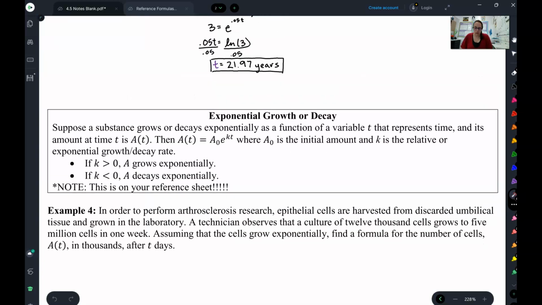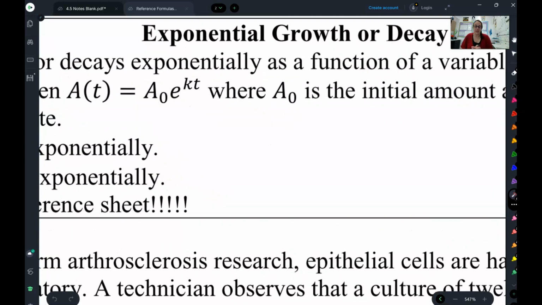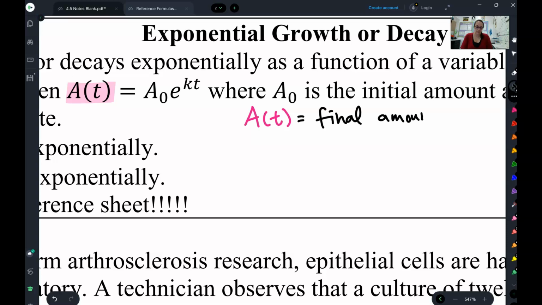In fact, when we go to label what all these letters mean, you're going to notice a startlingly familiar pattern to the last video. So let's label what the letters mean, because that's your job. You don't have to memorize the formula, but you need to know what they each mean. A of T stands for our final amount. Like I said, very similar to the last video.